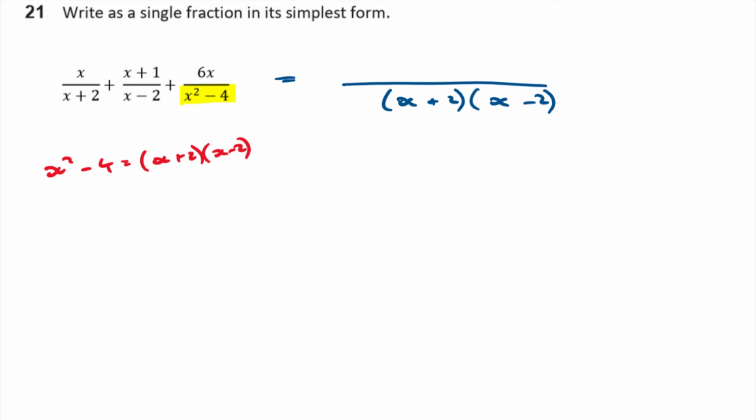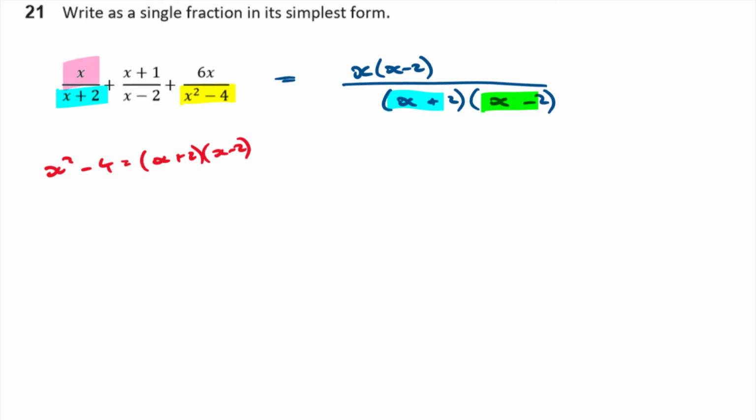Now, if you have a look at how many times x plus 2 goes into x plus 2, x minus 2, it goes in x minus 2 times. So I need to multiply this number on the top here by x minus 2. So it's going to be x lots of x minus 2 over there.